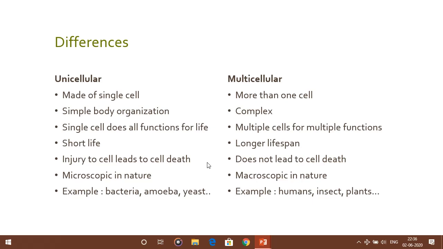And finally, the examples: bacteria, amoeba, yeast, etc. Etc. does not actually mean unicellular, but so on and so on. There are a lot of unicellular organisms like bacteria, and multicellular includes humans, insects, plants, and a lot of other pictures that I showed earlier.